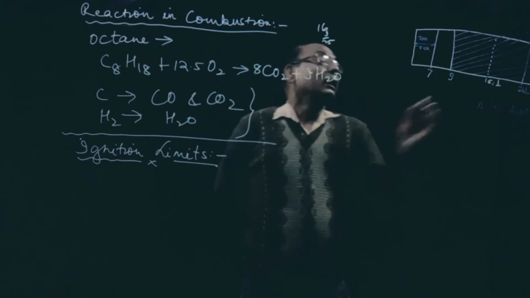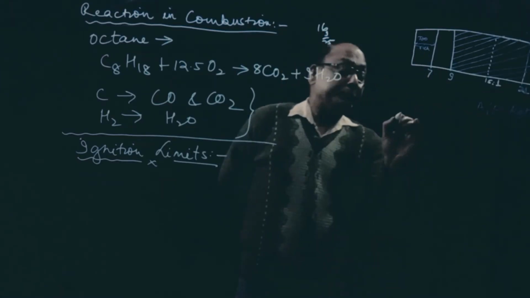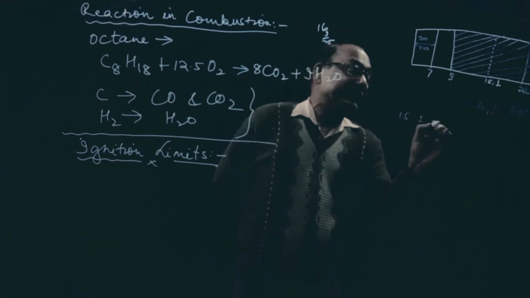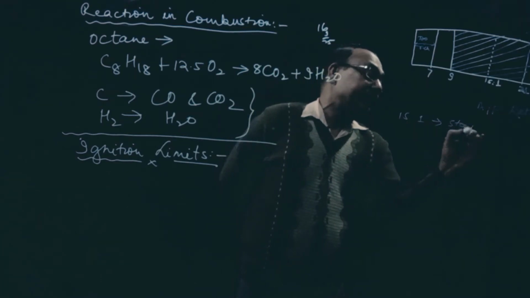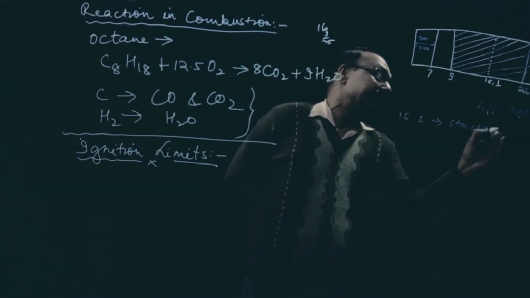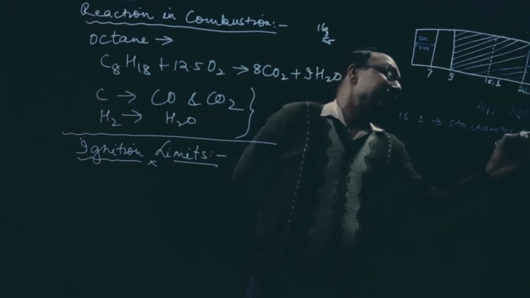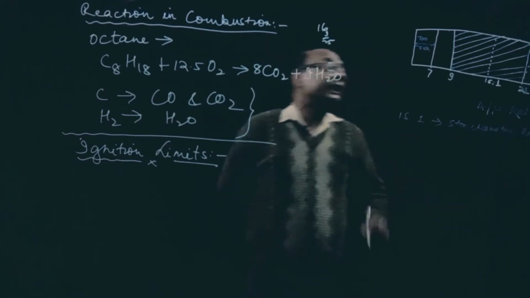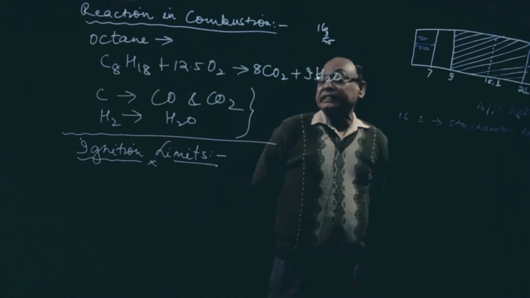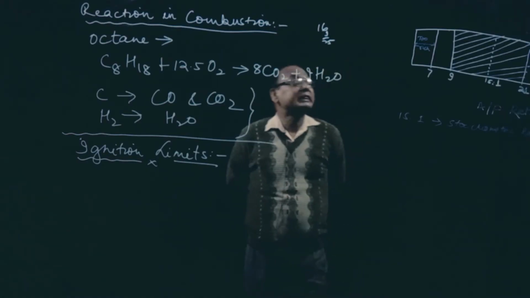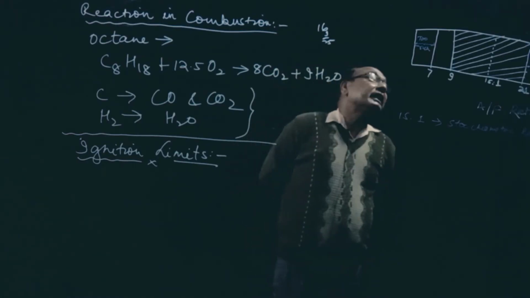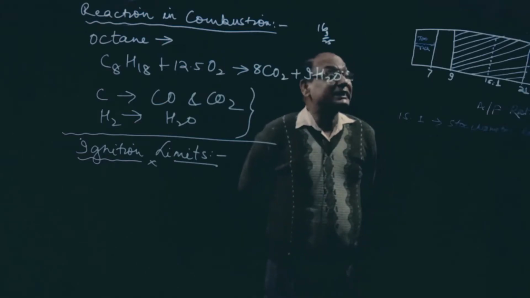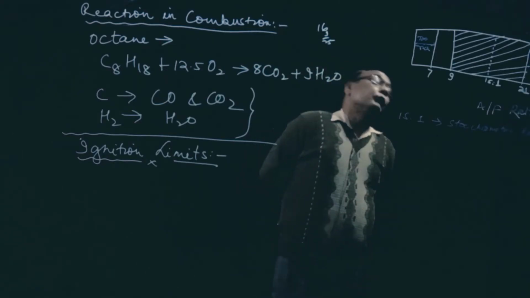Now, air fuel ratio 15:1, we know it is the stoichiometric ratio, that is the chemically correct ratio. But it is not easy to have this ratio all the time. So either we will have less than this ratio or more than this ratio.